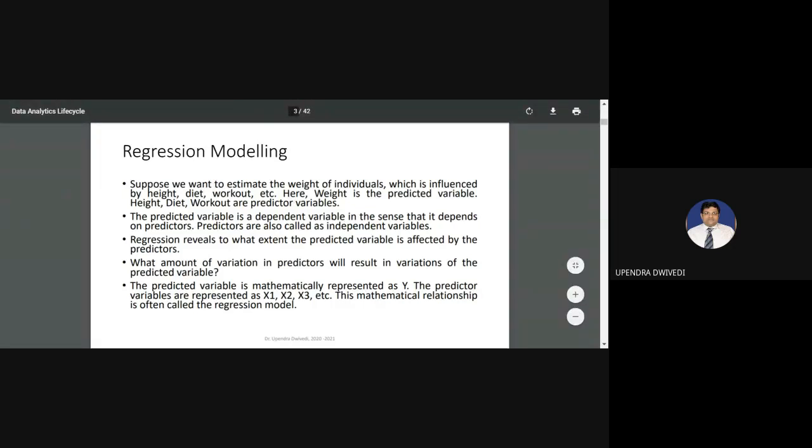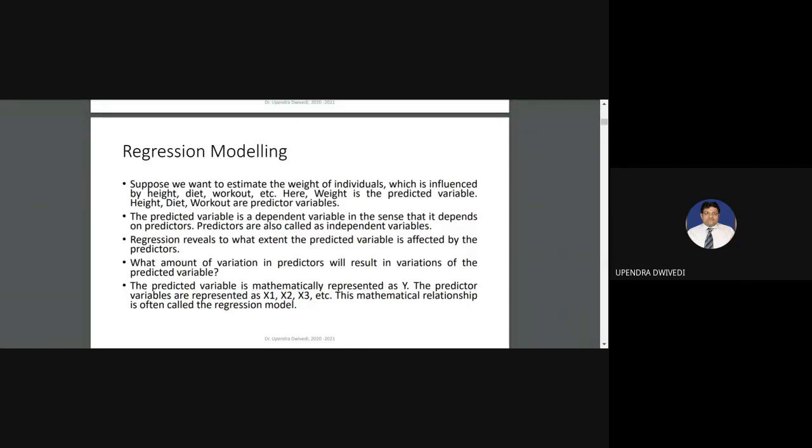Next, in regression, we have to find out to what extent the predicted variable is affected by the predictor. If we are able to find the relation between the predicted variable and the predictor, and to what extent that relationship holds, that is part of the regression. The amount of variation in the predictor will result in variation in the predicted.